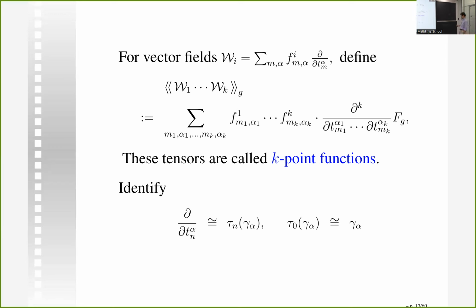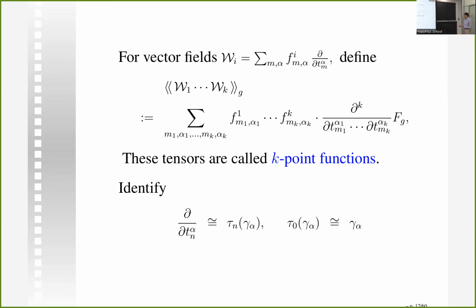Usually, for the coordinate vector fields, we also identify them with the abstract symbols tau_n gamma_alpha, the symbols we already used when we defined the Gromov-Witten invariants.